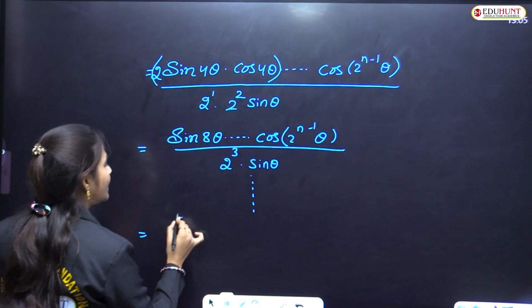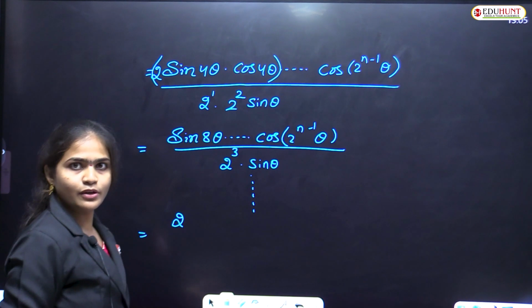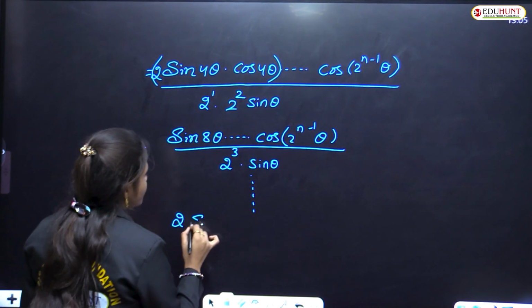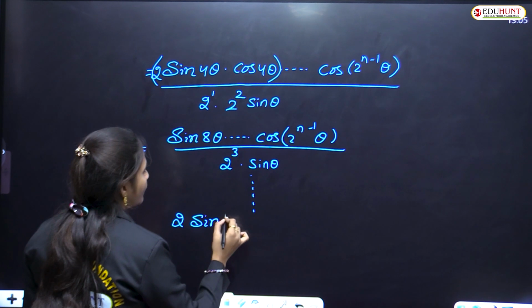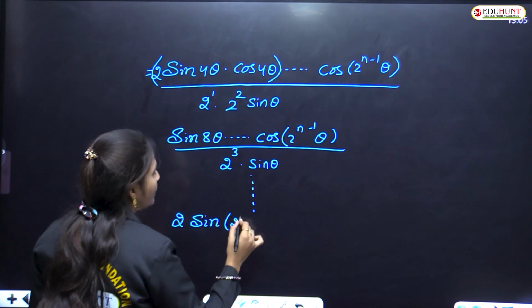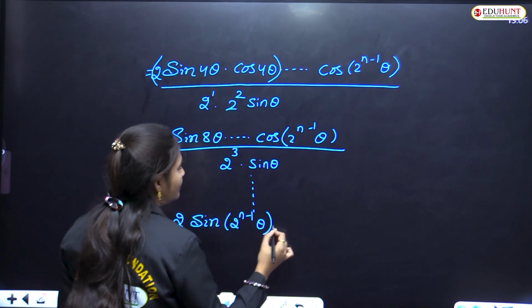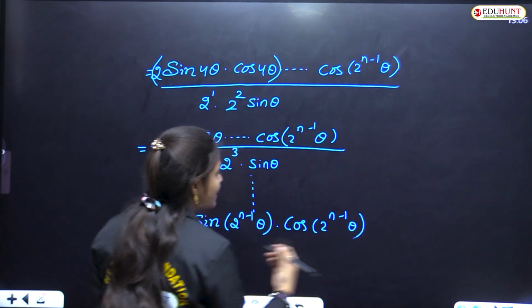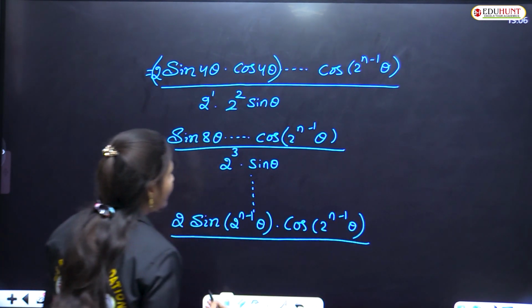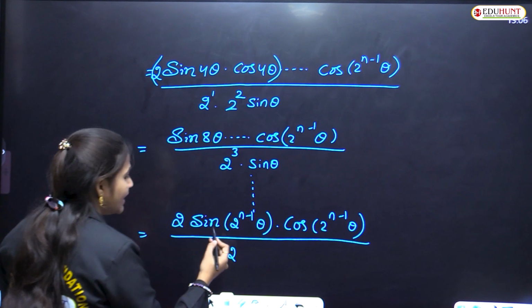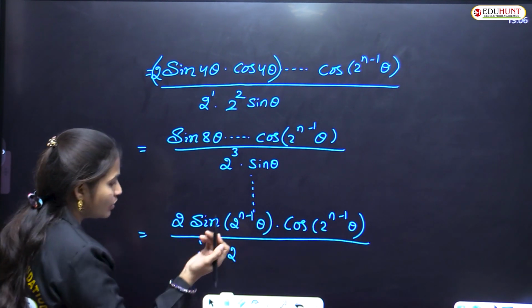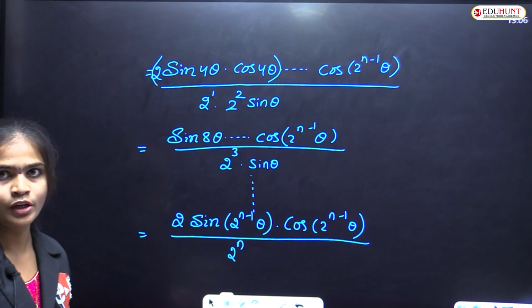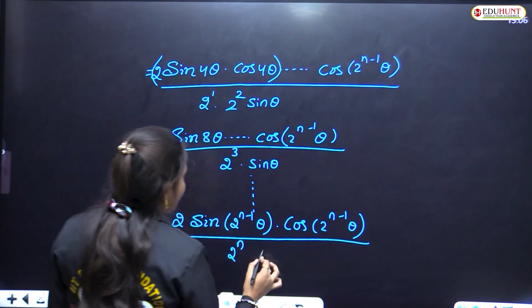So then what will we get here, and 2 also we are multiplying and dividing by 2. So 2 sin 2 power n minus 1 theta into cos 2 power n minus 1 theta, the last term this is, whole by 2 power, here 2 into 2 into 2, how much we don't know, no? So that's why here I want to write this one as 2 power n sin theta.